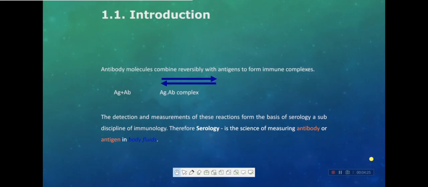Now, let's have a look at the general principle of the serological test, the principle on which these tests are based. Serological reactions are based on the antigen-antibody interactions that occur in the human body.